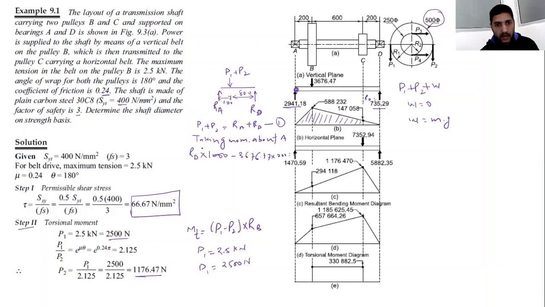अब यहां से आपके पास RD unknown है. RD आ जाएगा यहाँ से, जब आप इसको solve करोगे इस equation को, 2941.18.